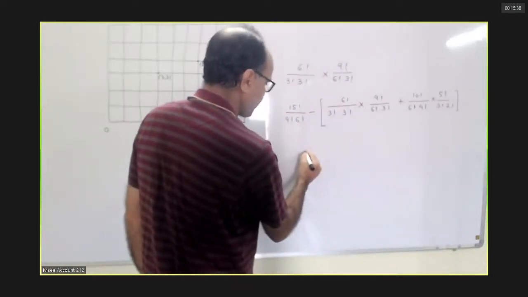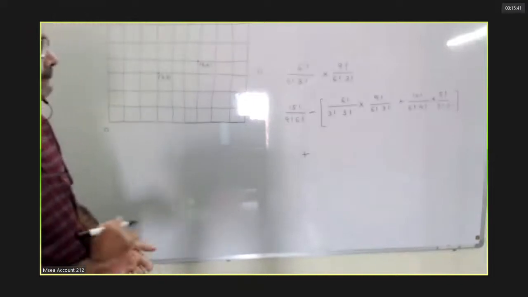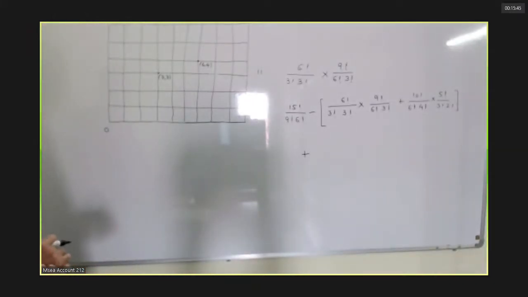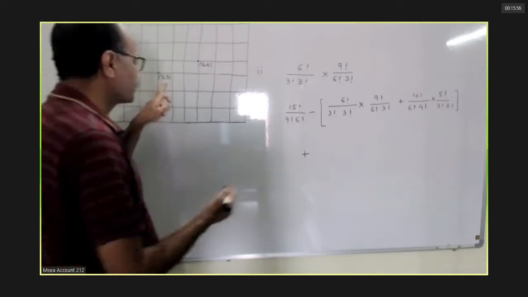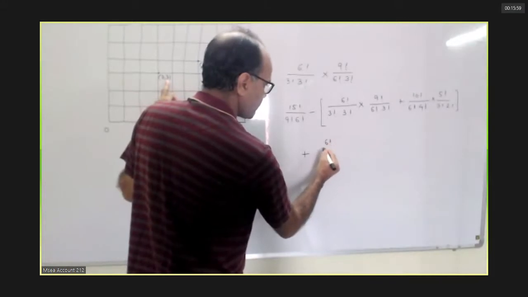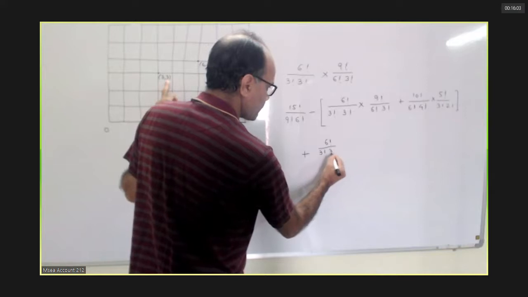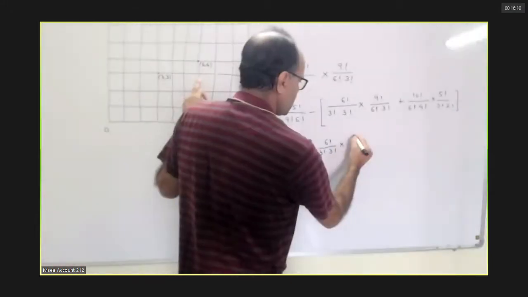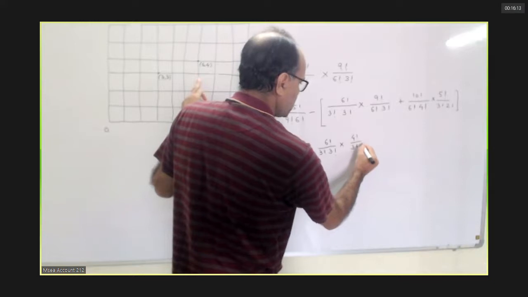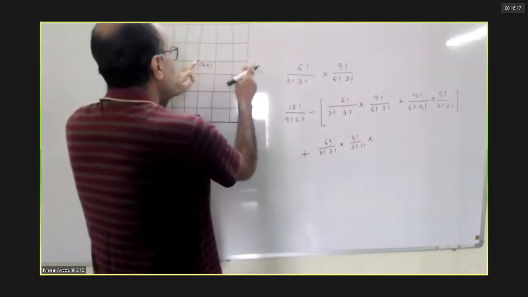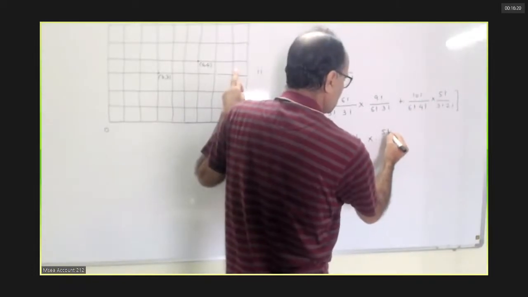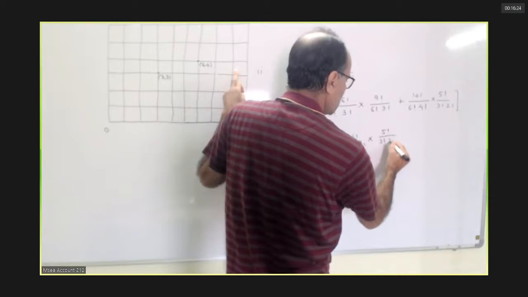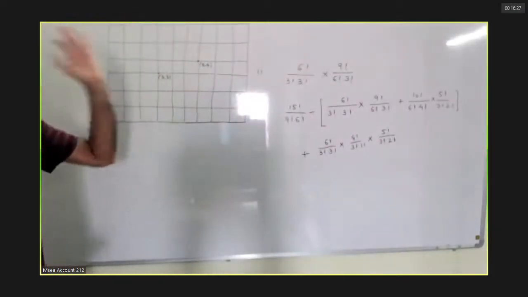Plus from here to here, 4 factorial by 5 factorial by 5. Okay. Once you write, I will explain.